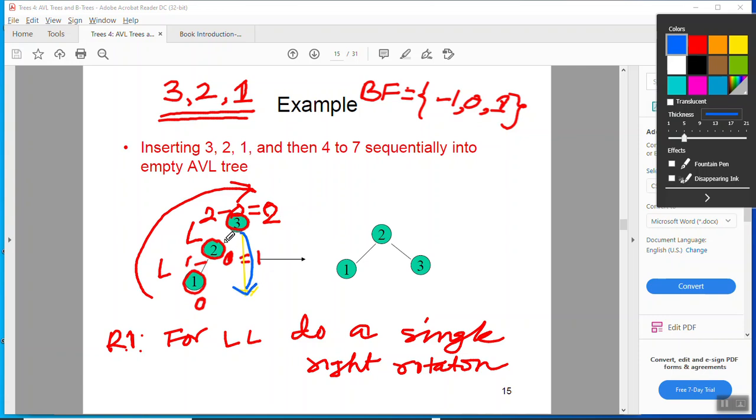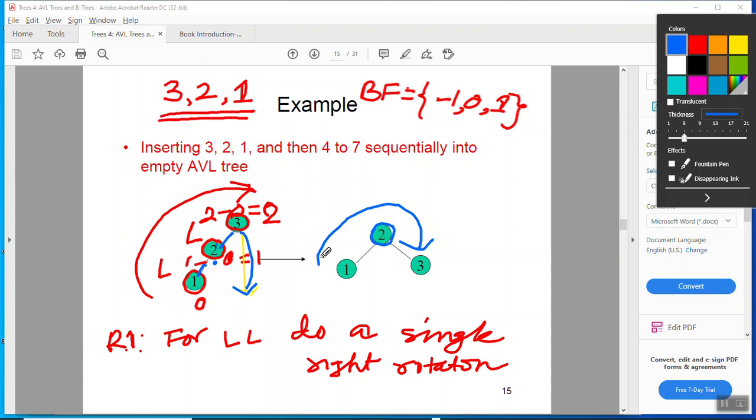Think of it that these are strings, and there's a nail over here. So then this will come down. Whenever you do a right rotation, 2 will be the new root, 1 will be on the left side and 3 will go to the right side.